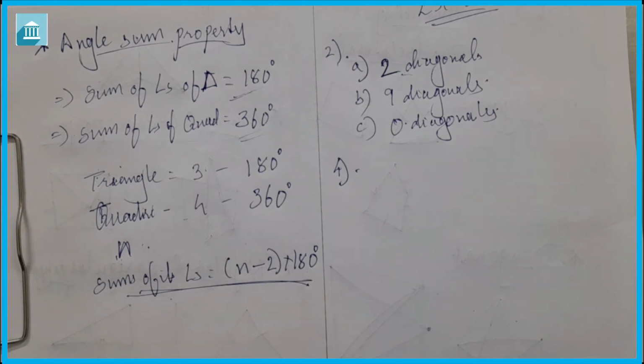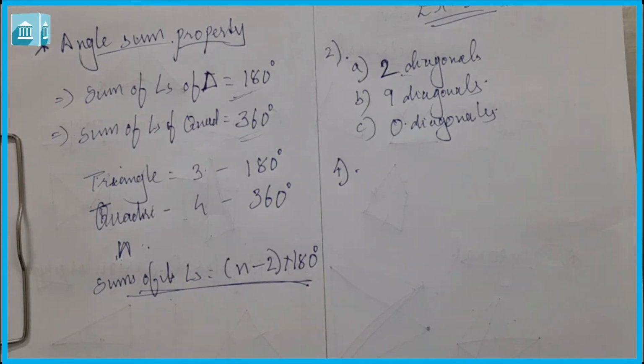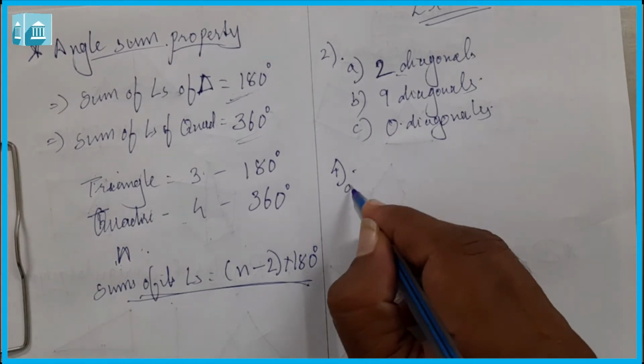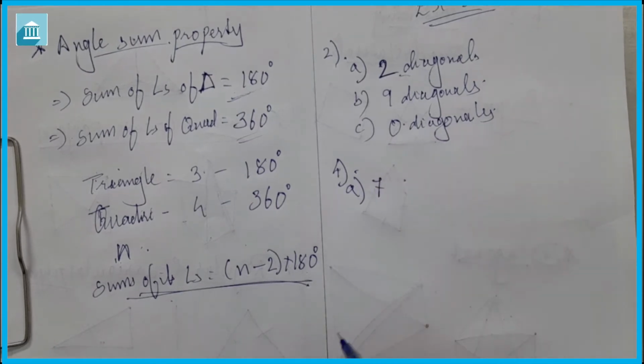Now question number 4 says: what can you say about the angle sum of a convex polygon with the number of sides? In A, it is given 7.